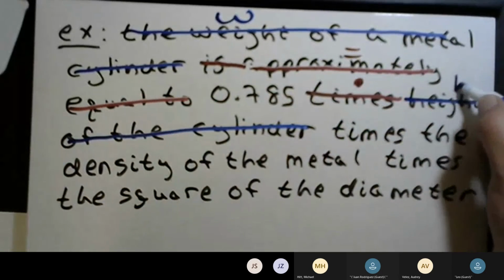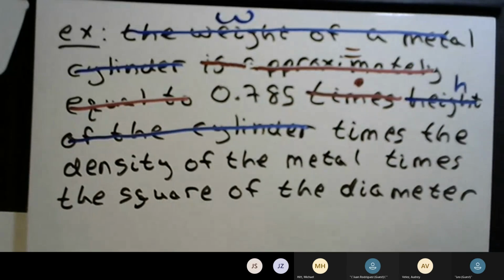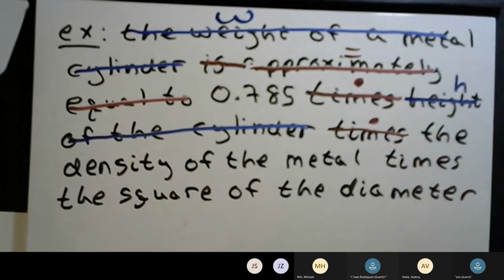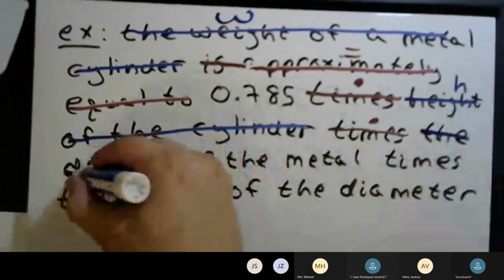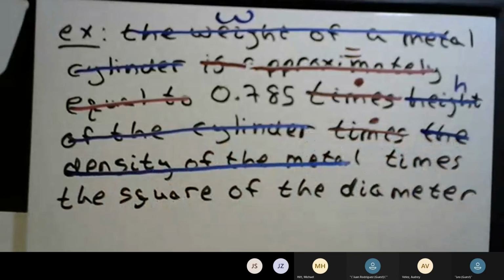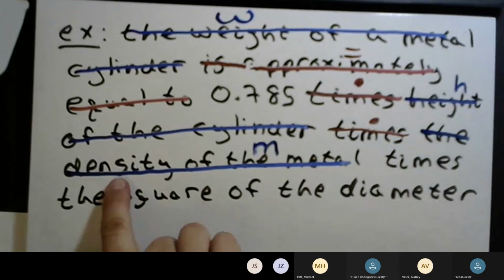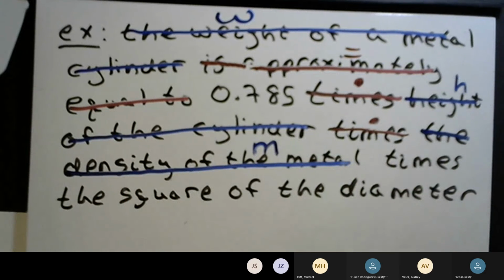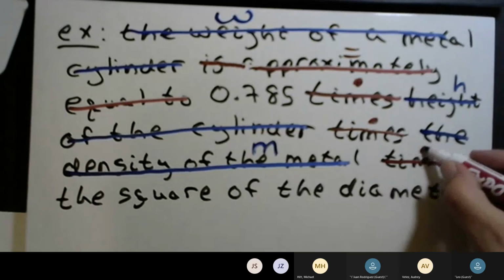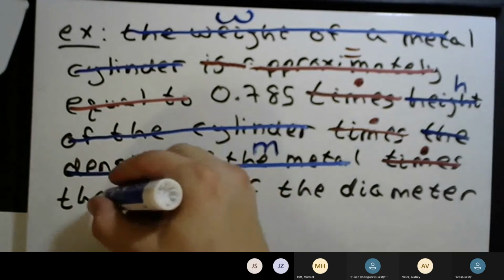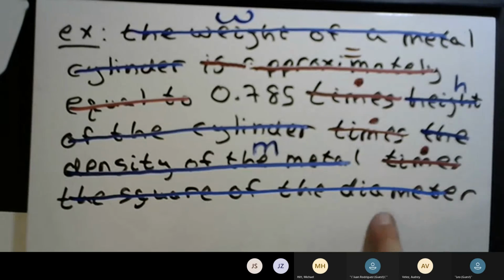Let's call this H. Oh, there's another times. So we can do that. The density of the metal. I'm going to call this M. And the reason I'd be tempted to call it D. There's another times. But then we have the square of the diameter. So the diameter is going to be D, but it's the square of the diameter.